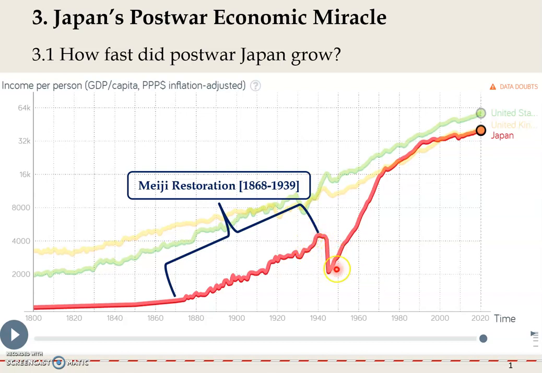During World War II, you can see that the income per person, measured by GDP per capita, PPP, purchasing power parity, inflation adjusted, decreased by more than half, from above $4,000 PPP dollars to nearly $2,000.